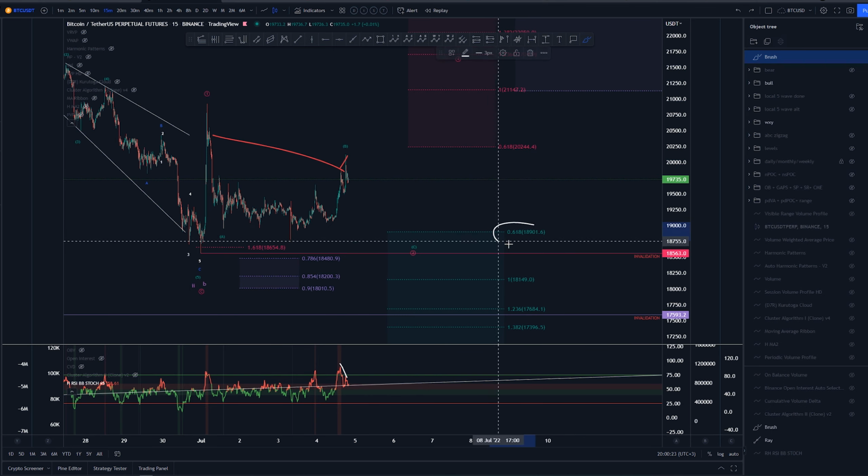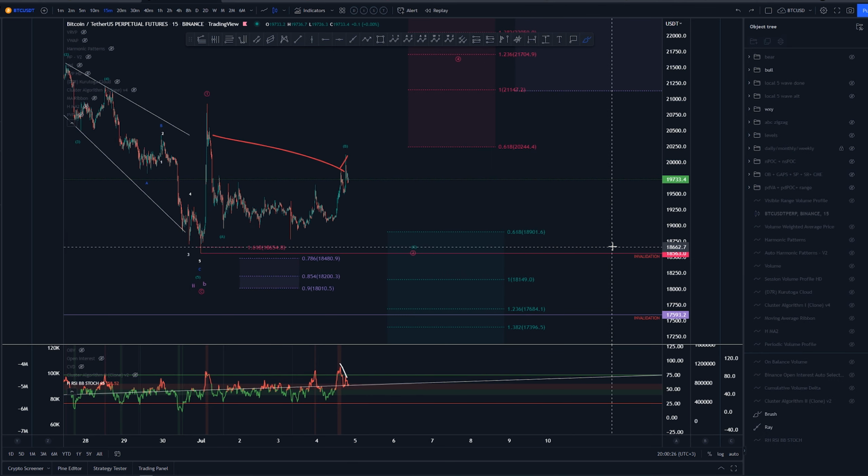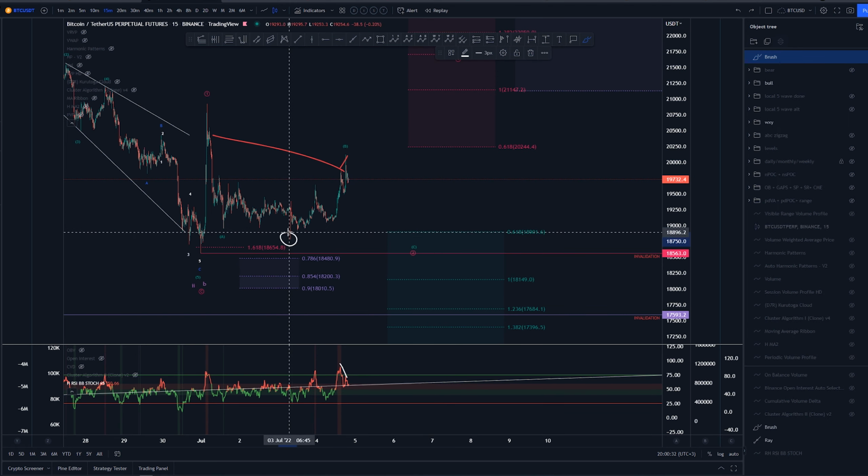At the moment, again, 0.618 is above the invalidation point, which we are going to be aiming for. And if we still want to keep this bullish count alive, we are most likely trying to get the lows of this 18.8k but we can't get below this 18.6k area, in which this whole wave structure starts from.